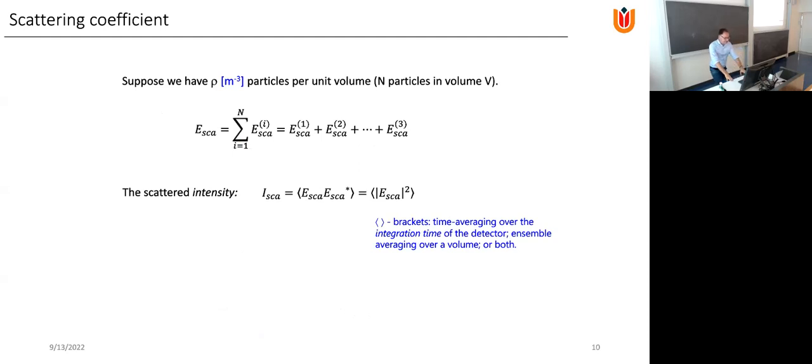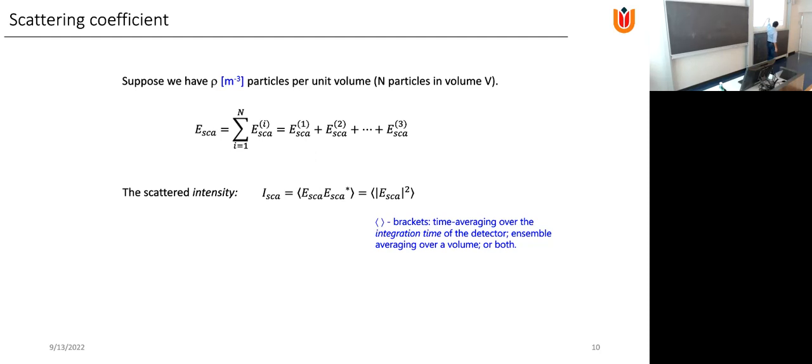So this is the expression for the field, the sum of the individual fields. This is the expression for the scattered intensity: the total field multiplied with its complex conjugate. You see these brackets over there.